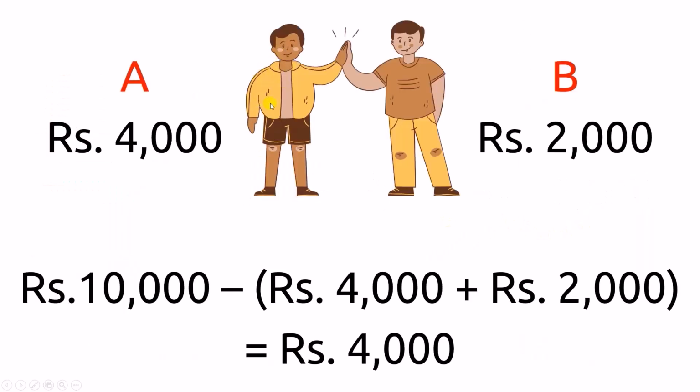So person A has 4,000 rupees and contributes it to the company. B has 2,000 and he too gives it. So totally they have 6,000. They need 10,000, and when you subtract, you need 4,000 more to start the company.